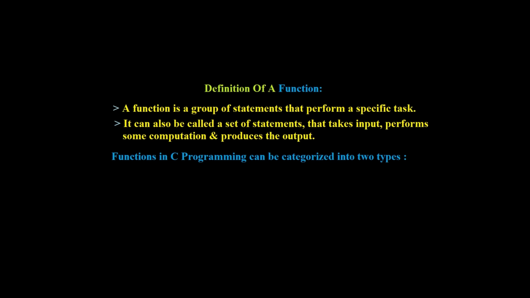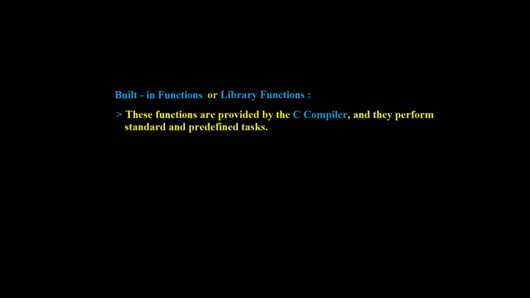Functions in C programming can be categorized into two types. They are the built-in functions or the library functions, and the second type is the user-defined functions. Let us first see the built-in functions or the library functions. The built-in functions or the library functions are provided by the C compiler itself, and they perform standard and predefined tasks.